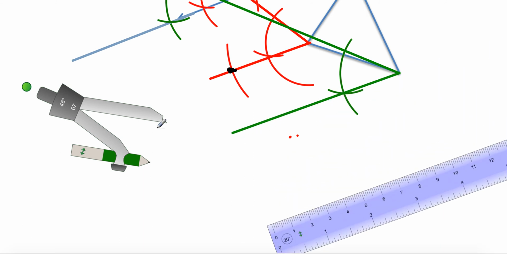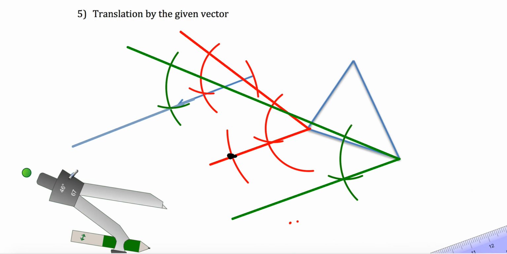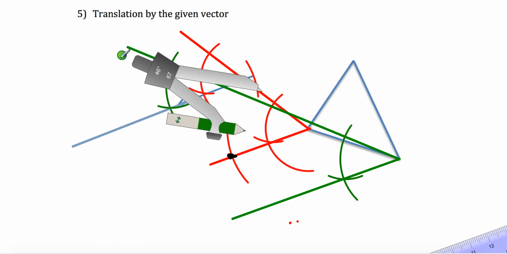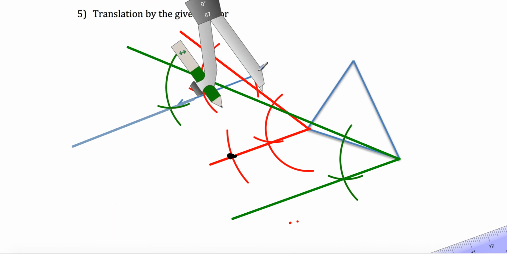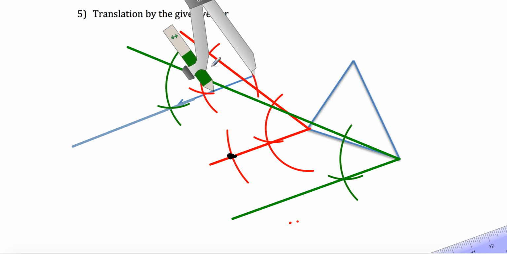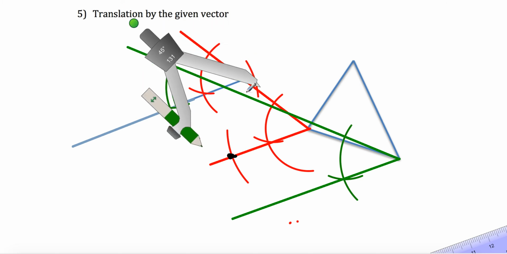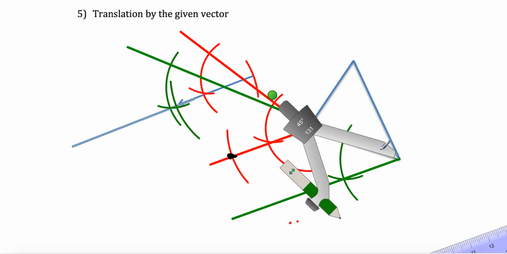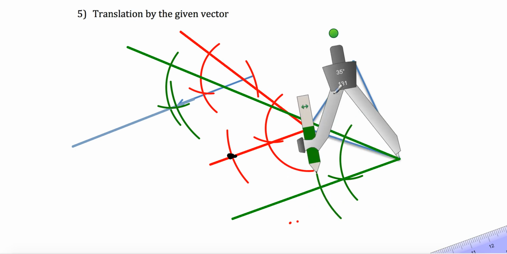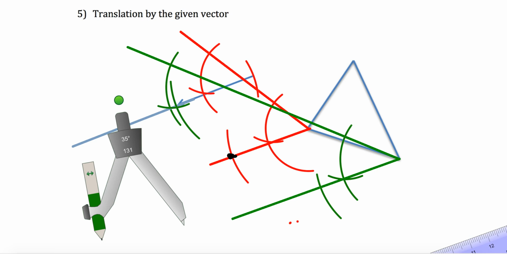All right. And now all I have to do is copy the length. All right, so that becomes my second point. All right, so let's go for the third one.